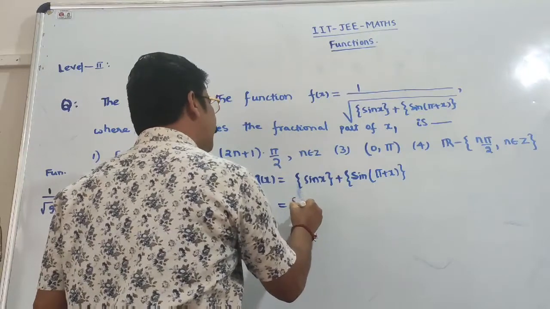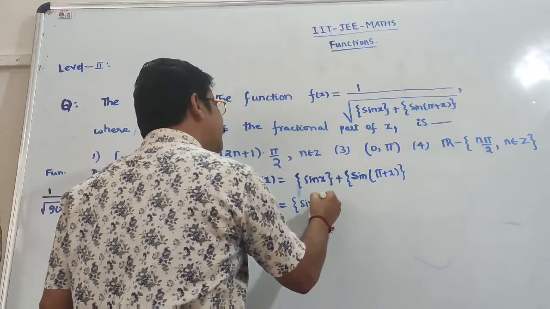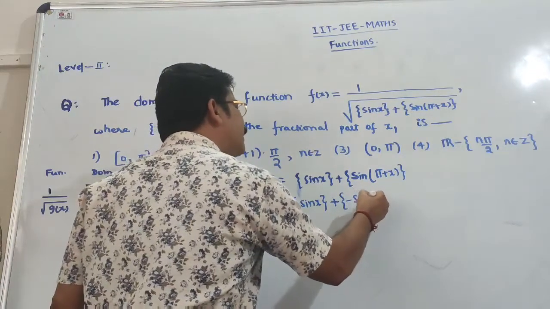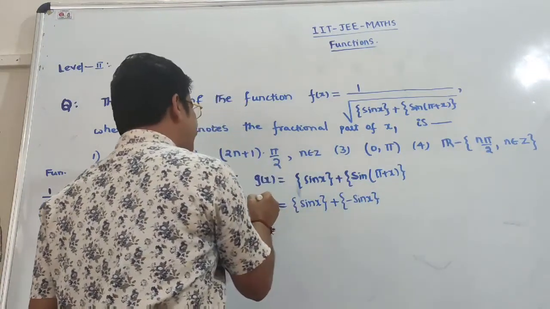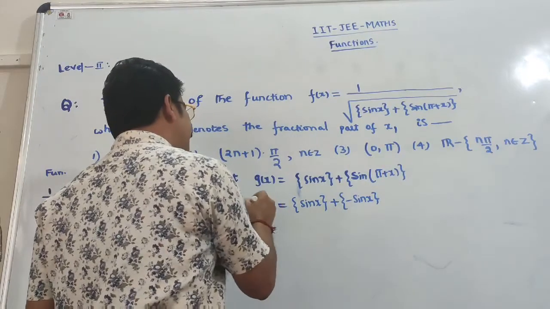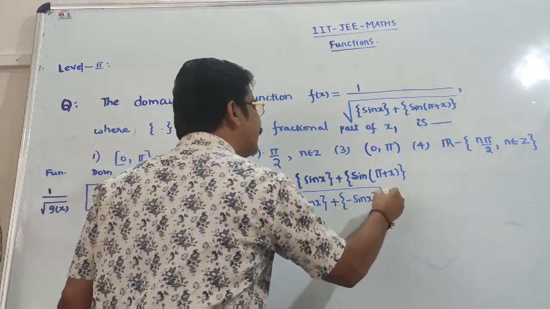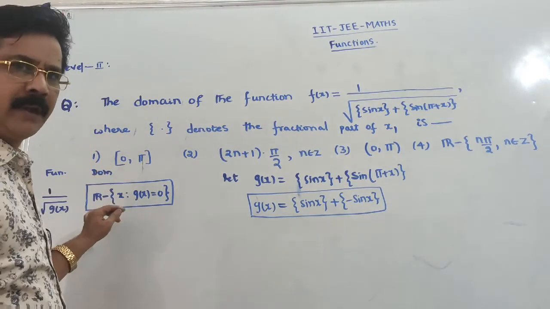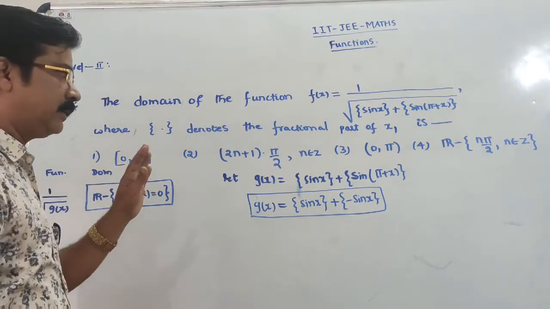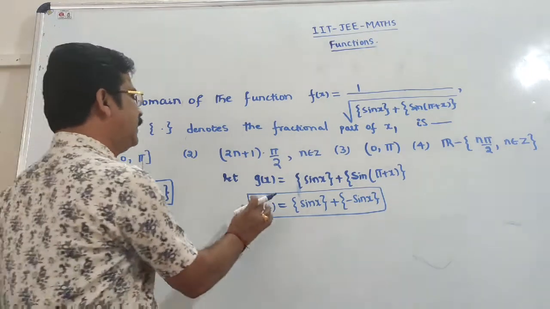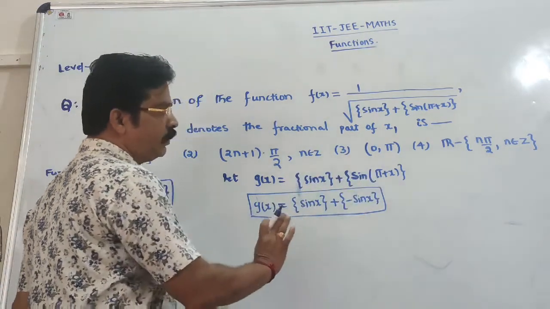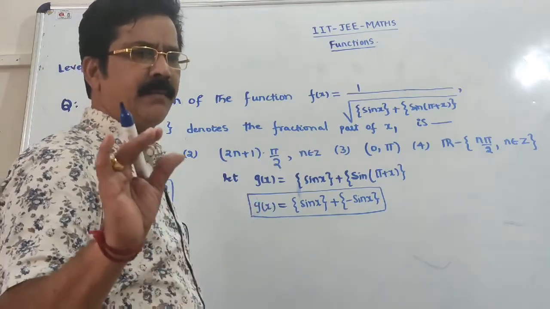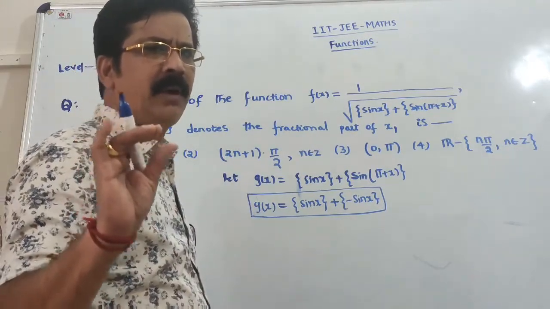That is equal to the fractional part of sin x plus the fractional part of minus sin x. It is our given g of x. Now, according to this standard formula, we have to find the values of x so that this g of x equal to 0.